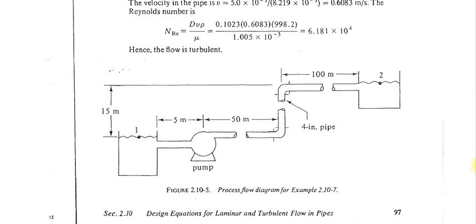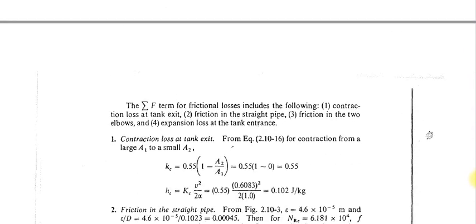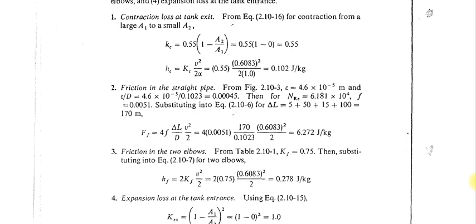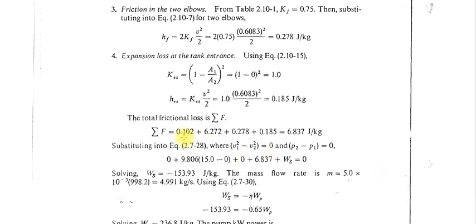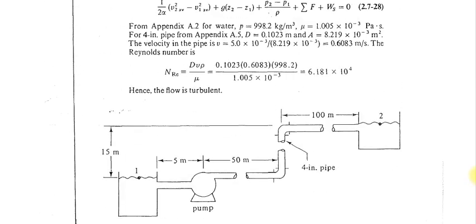Okay, so if the velocity is 0 and pressure drop is 0, then you have just the friction loss equal to the power requirement, because the kinetic energy term and the pressure term will be 0. So the difference will be due to the friction loss as well as due to the potential energy difference. So here the elevation is 15 meter.